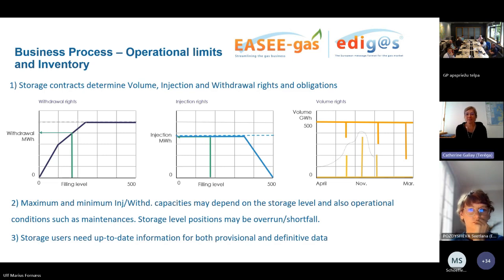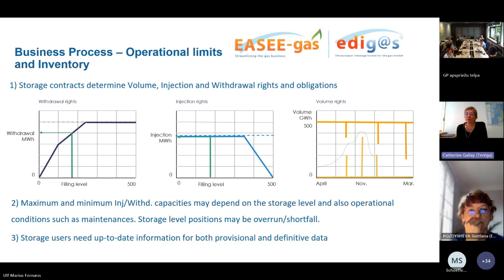From a business perspective, as you know, and as Svetlana just explained, our storage product contract and subscription contains rights and obligations regarding the volume, the injection, and the withdrawal. The first two figures of this slide with the blue curves show examples of withdrawal and injection rights. The curves may be contractually defined with evolution factors, as in the example, where the withdrawal or injection rights can depend on the filling level of the storage for a shipper contract.